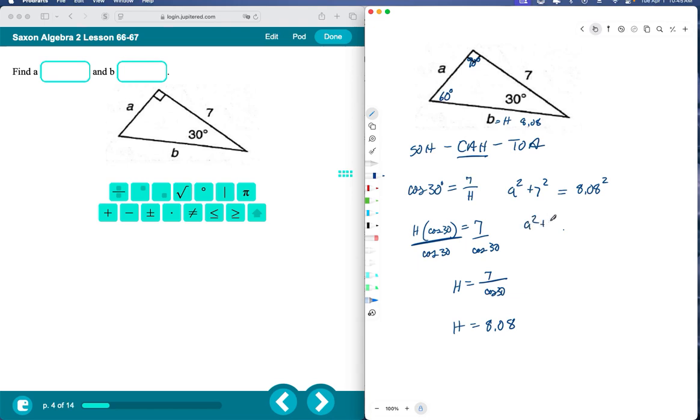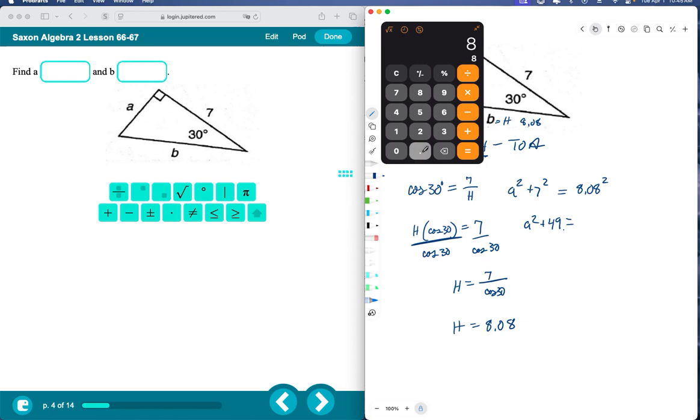So a squared plus 49 is equal to 8.08 times 8.08, which is 65.29. All right, subtract 65.29. Ooh, I forgot the point. 65.29 minus 49. That's a squared is equal to 16.29.